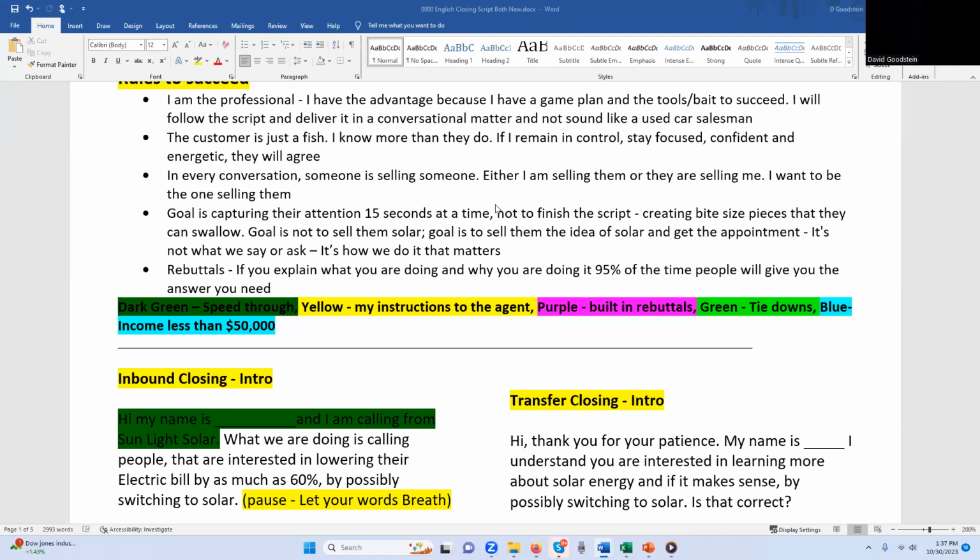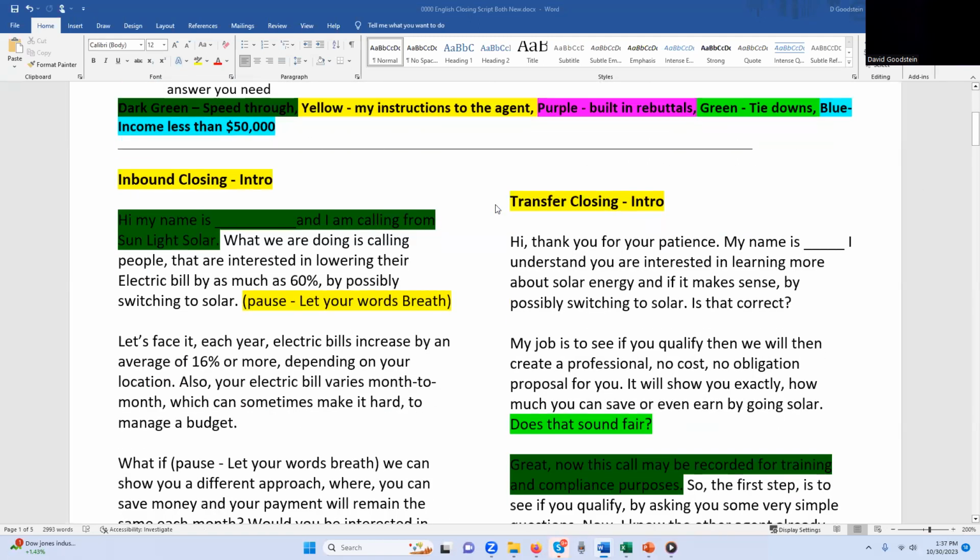All right, so that was the opening script. Now, the way your script, the closing script, is laid out is a little bit different. Now, we have two different introductions for the closing script. If a call is being transferred, you'd use this introduction.